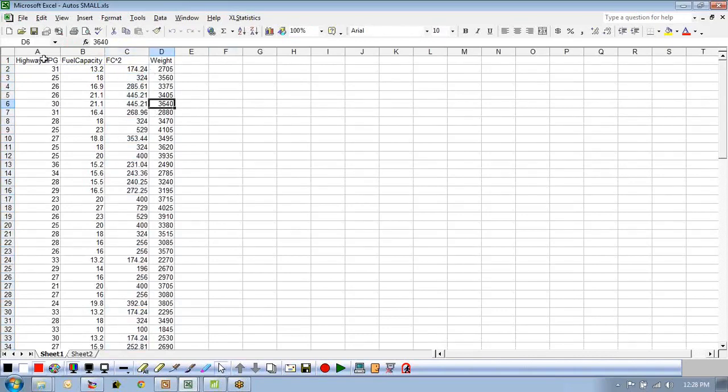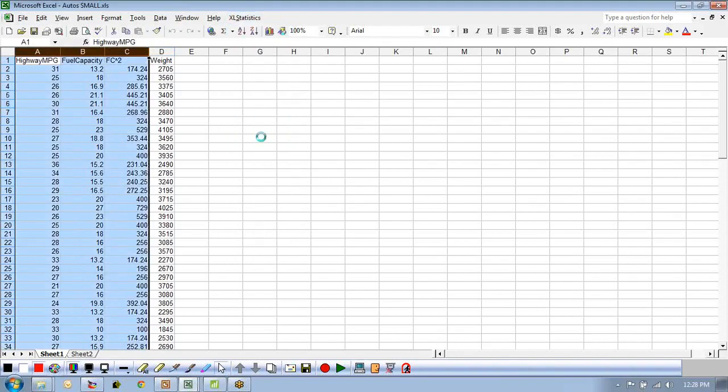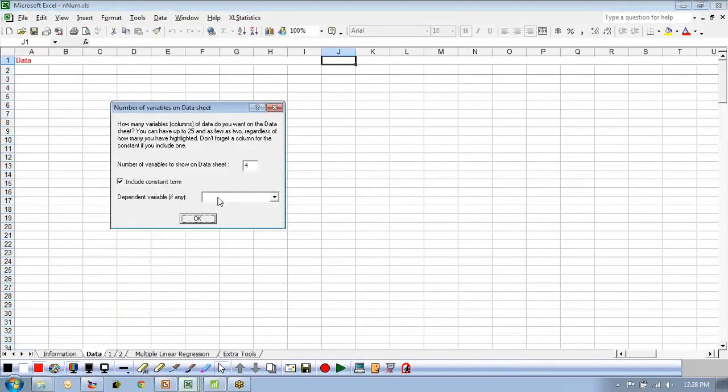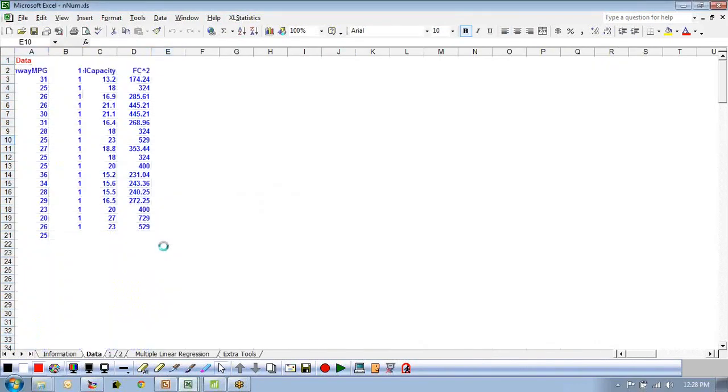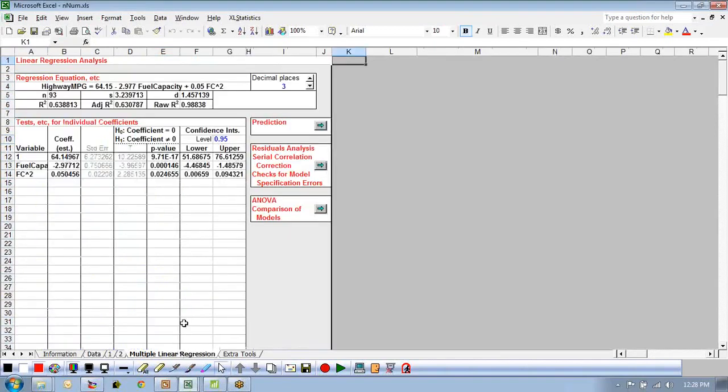Okay, and now, just to prove that we actually do get the same thing, if I chose this and did a multiple regression, n-num this time, I should get the same coefficients that I got for my polynomial. And in fact, when I come over here, I'm just going to note this, 64 minus 2.9, 0.05.